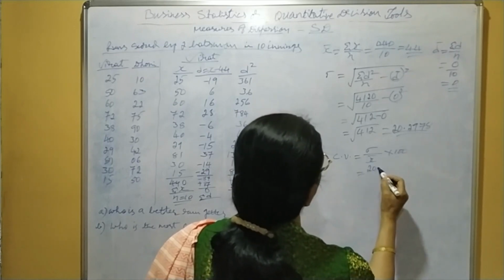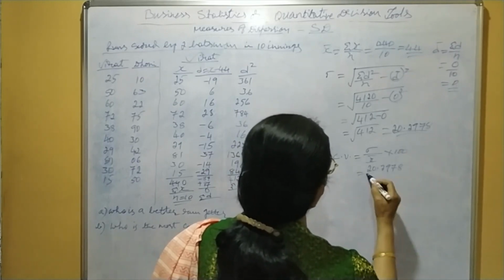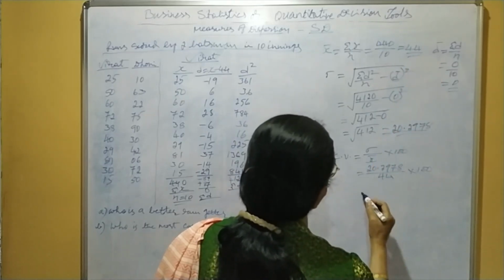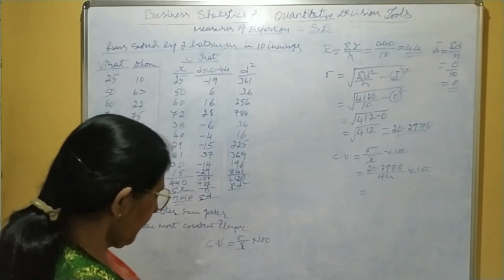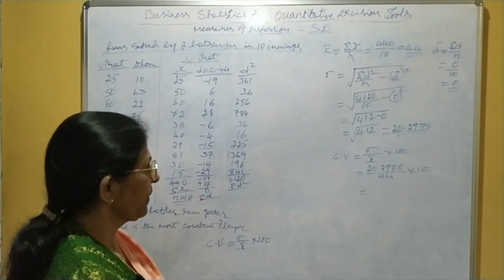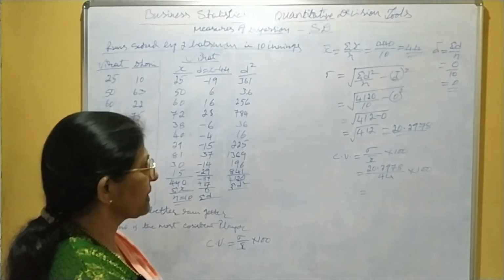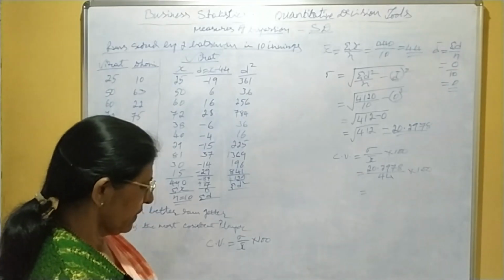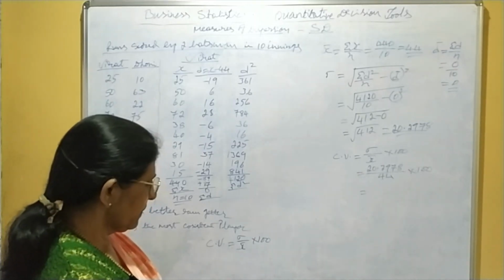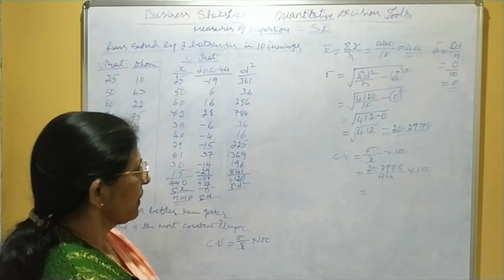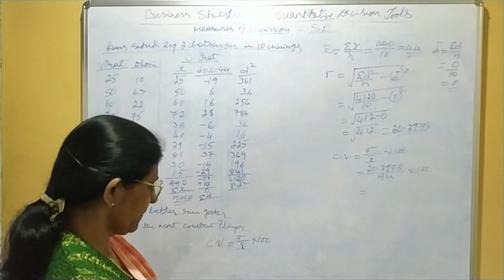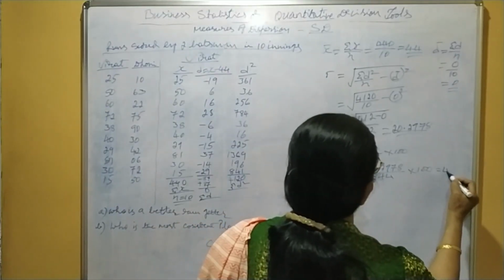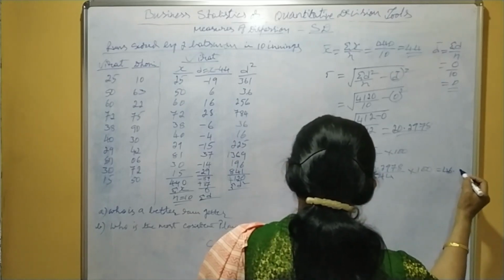Standard deviation 20.2978 divided by x bar 44 into 100 equals 46 point.